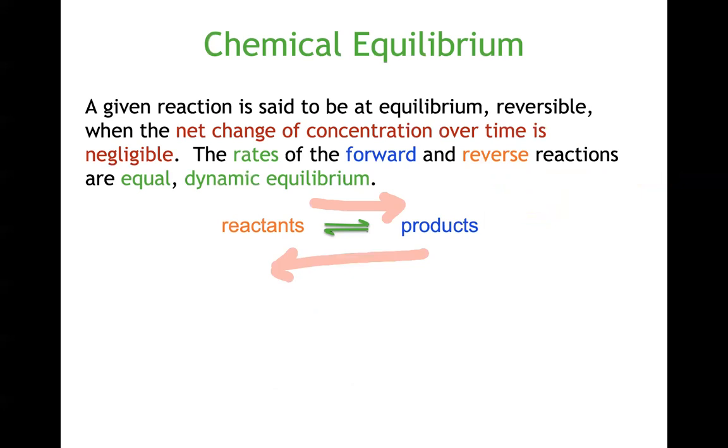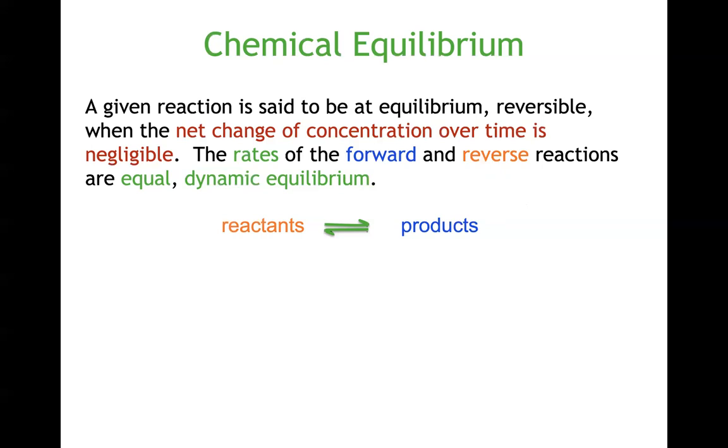Anytime we're indicating that something is at equilibrium, we end up using those half-headed arrows, or fish hook arrows, in the forward direction and in the reverse direction. So when the rate of the forward and the reverse direction is basically equal, then we say that the reaction is at equilibrium, or what we refer to as dynamic equilibrium.